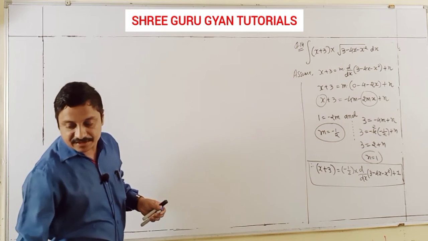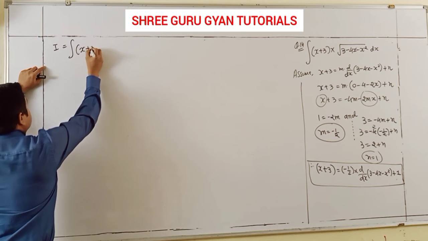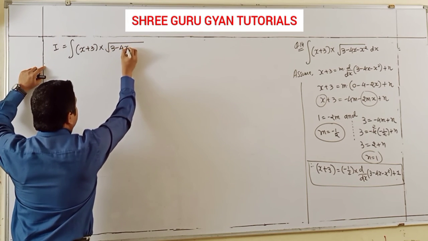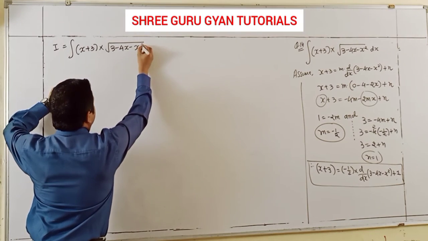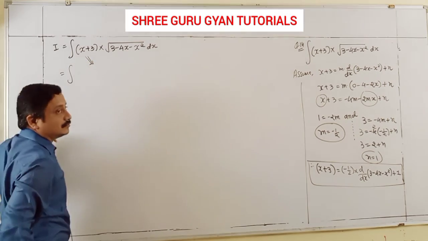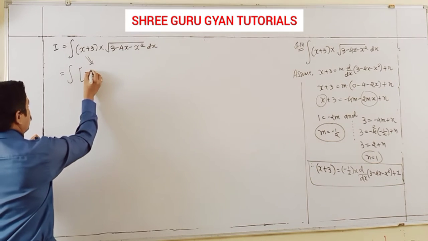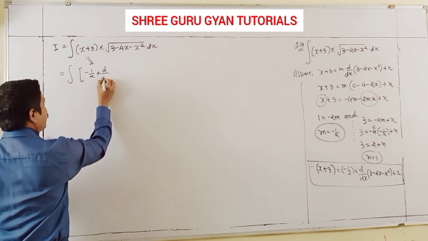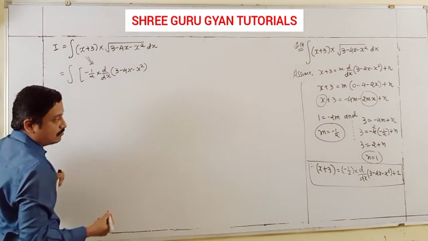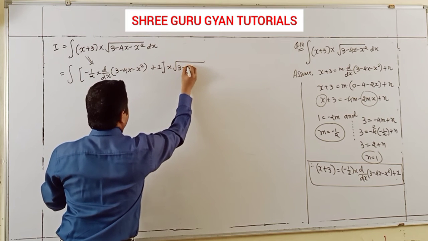So integration starts: the integral of x plus 3 over the square root of 3 minus 4x minus x squared dx. This value I know exactly: minus half d/dx of the expression, and n becomes 1, and the same under the root.